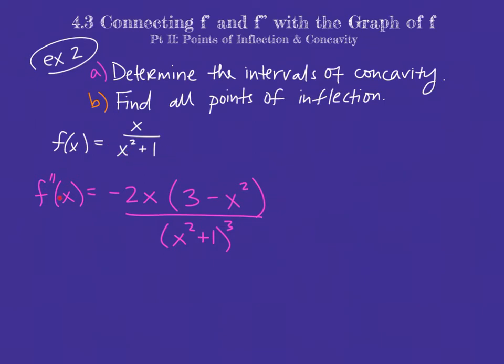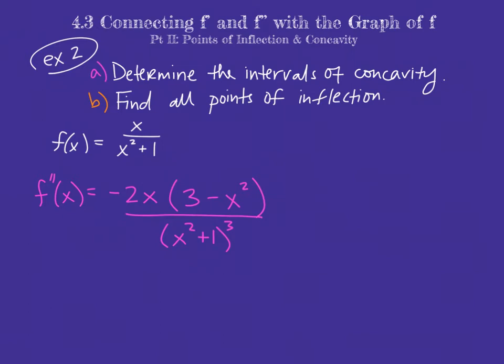If we take a look at f double prime, we want to set both the numerator and denominator to 0. Now, before we do that, I take a look at the denominator. The denominator can never be 0 because x squared plus 1 will always be positive. No matter what we plug into x, we then square it and then add 1. That's always positive. And if we cube a positive number, it's always positive. So our denominator can never be negative.